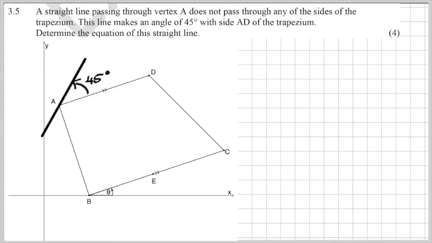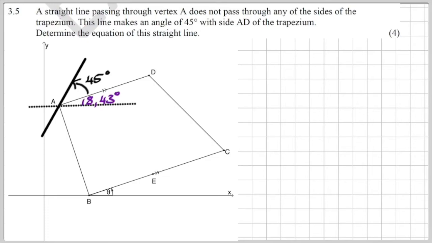Now the question to be asked is, determine the equation of this line. So for me to get the equation of this line, I know that I need that 18.43. Now, where on earth does that 18.43 come from? And why do I need it?